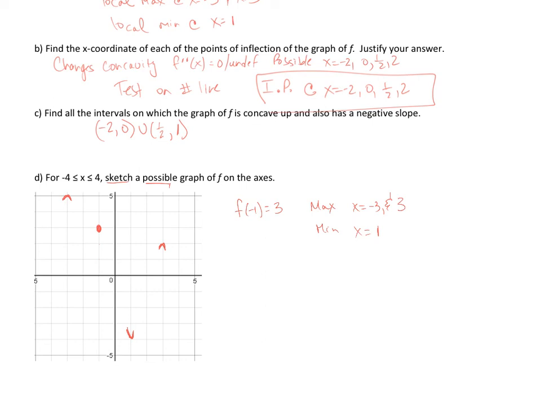Now it has to come through these points. Somehow it has to go through this value right here. And before I completely connect it, I want you to understand that this can change concavity in here. And in fact, it does. Look at -2.